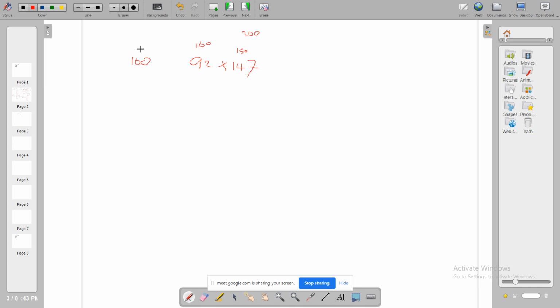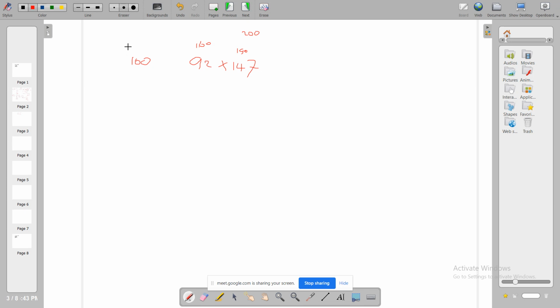Okay, so now this way, looking at this, can we use division or multiplication? Who can tell me? What can we use here? Now we have 100 and 200. What can we use? Multiplication.